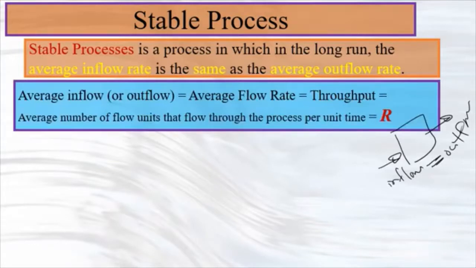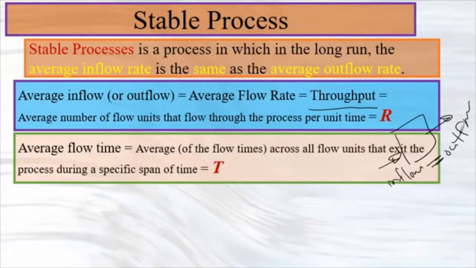So R is going to be the same whether you measure it at the inflow or at the outflow. And we call that throughput. That's a new terminology. So again, R is the average inflow rate, the average outflow rate, and it's also the throughput of the system, of the process.